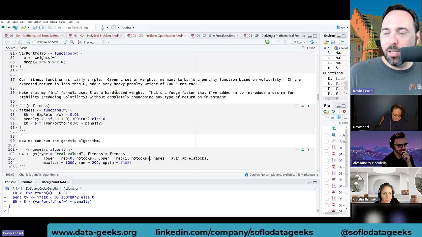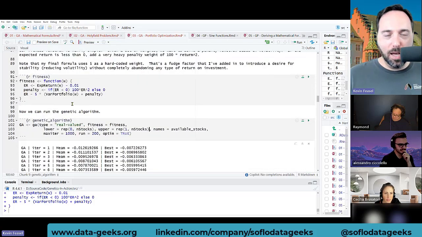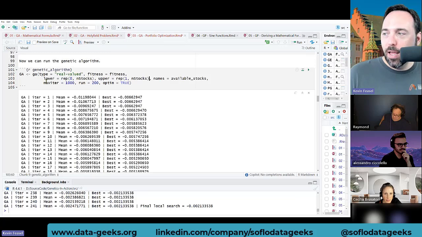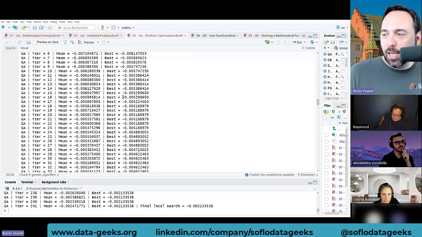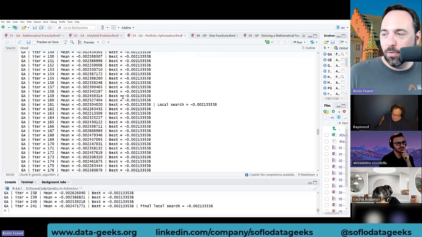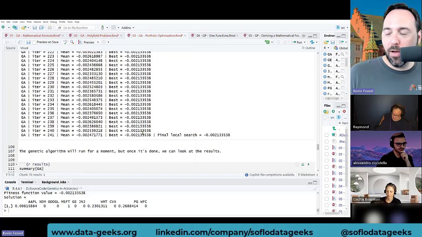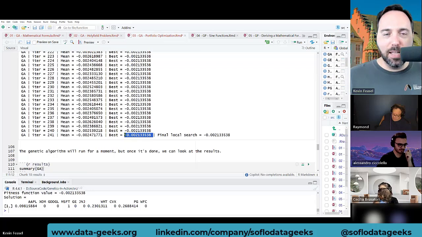And our total summation is going to be 100%. If I run through this, we can see results going over time. And if I summarize, in this case, actually, I should point out, I am trying to minimize the volatility here.